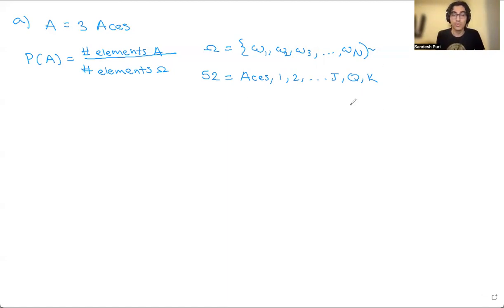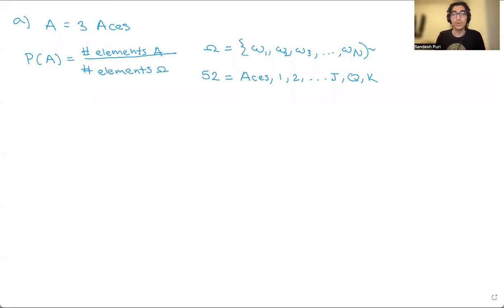It doesn't go on to infinity. Our next assumption we make here is that each outcome is equally likely. And this makes sense because if we have a 52 card deck and we randomly pick one card, the probability that it's an ace, 1, 2, 3 is all equally likely if it's a well-shuffled deck.